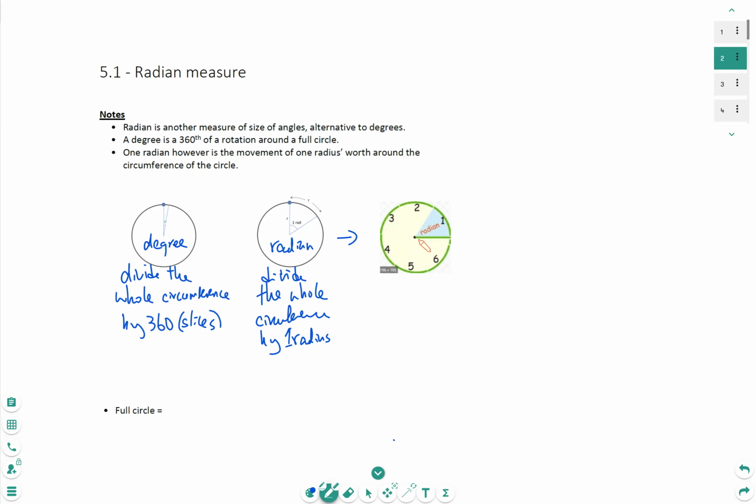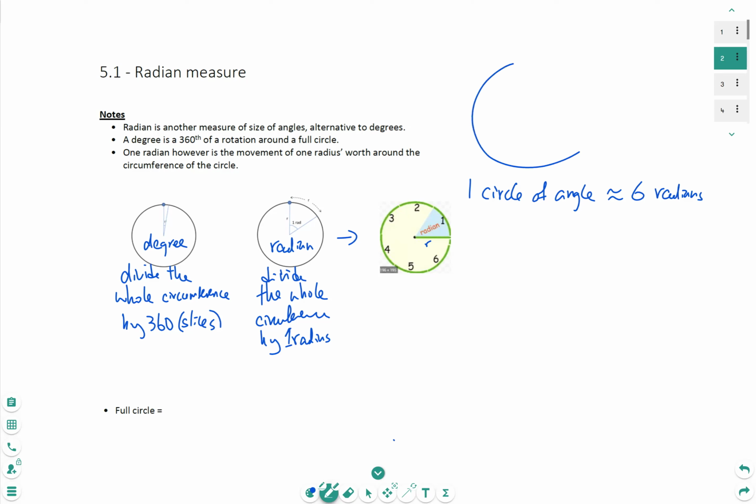Now, here's a full circle. You can see a green circle, and this green line is a radius. Around the circle, we see it broken into six parts, because each part is also a radius. It's not exactly the same, but roughly, one full circle of angle is roughly equal to 6 radians.